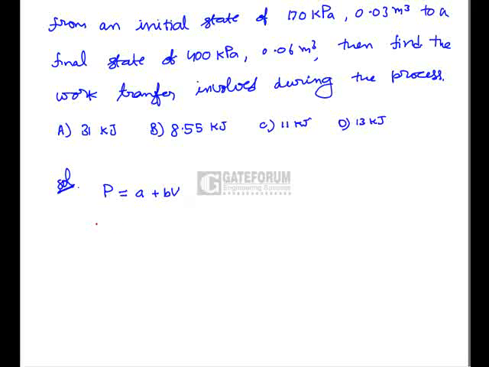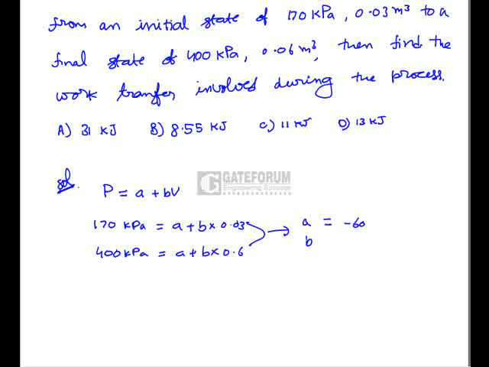Here P1 is 170 kilopascal, equal to A plus B into 0.03, and P2 is 400 kilopascal, equal to A plus B into 0.06. From these two equations we get the values of A and B, where A is equal to minus 60 and B is equal to 7667.